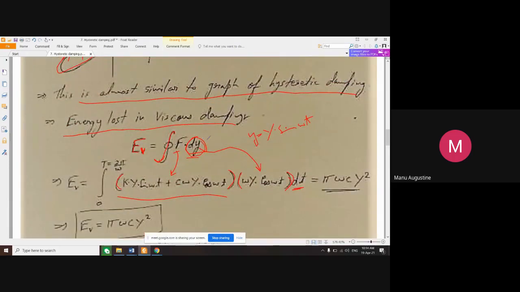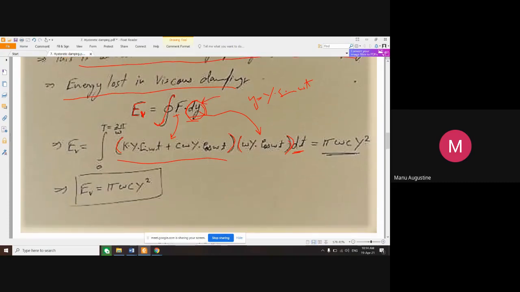But after substituting the value of y here, now the variable of integration is time. So we have to apply the limit for time. So while integrating this entire expression, you can put any value of time. Starting from 0 time, you can go to quarter cycle, half cycle, full cycle.